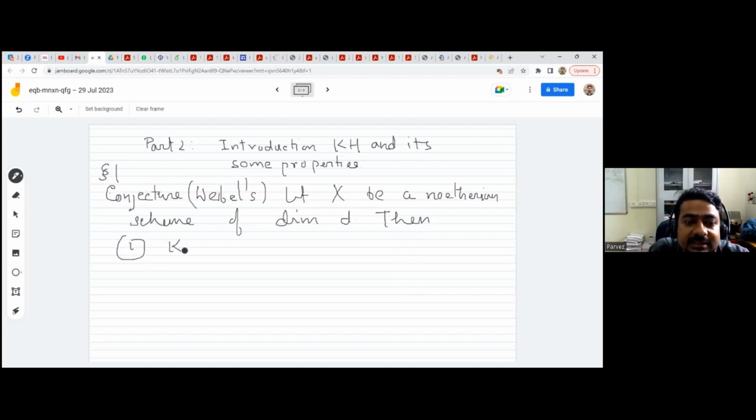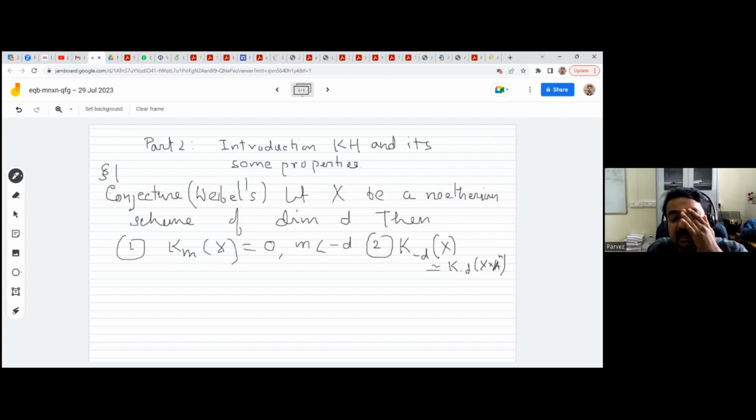Part one is that the negative K-theory K_m(X) vanishes. They are all zero abelian groups for m less than minus d, like cohomological things. And part two is that at the minus d-th spot, K_{-d}(X) is isomorphic to K_{-d}(X × A^n), the polynomial extension with n variables.